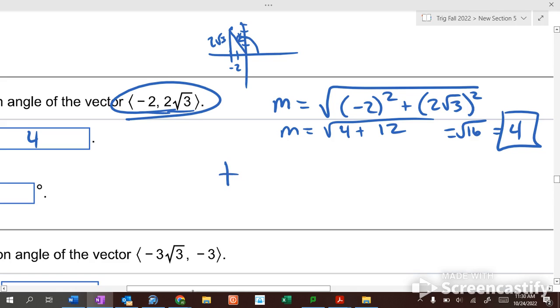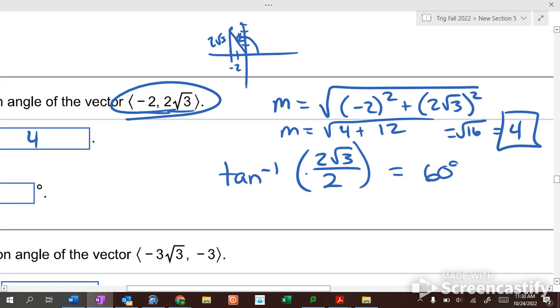So to find the reference angle, you take the inverse tangent of B over A. See how I didn't use any negatives? I dropped the negative sign off that and do the inverse tangent of B over A. If you do that, you're going to get 60 degrees, right? I'm glad you did it on your calculator and found that it was 60 degrees. Good job, people.